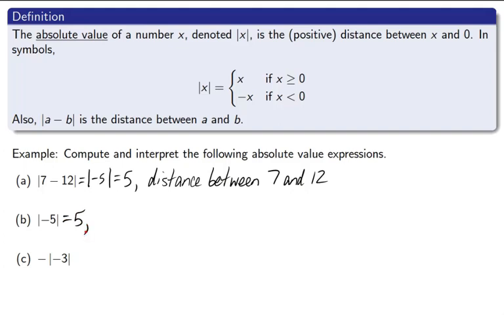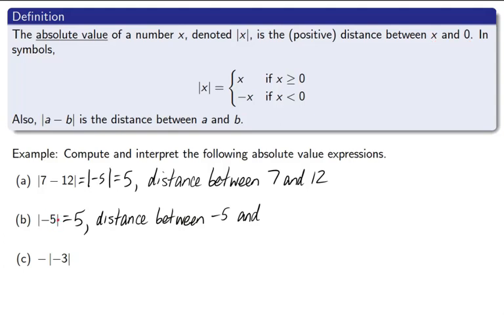How about the absolute value of negative 5? We just got that was 5, but the interpretation is different. This is the distance between negative 5 and, well, it's not given right here. It's actually up here. The absolute value of x is the distance between x and 0.